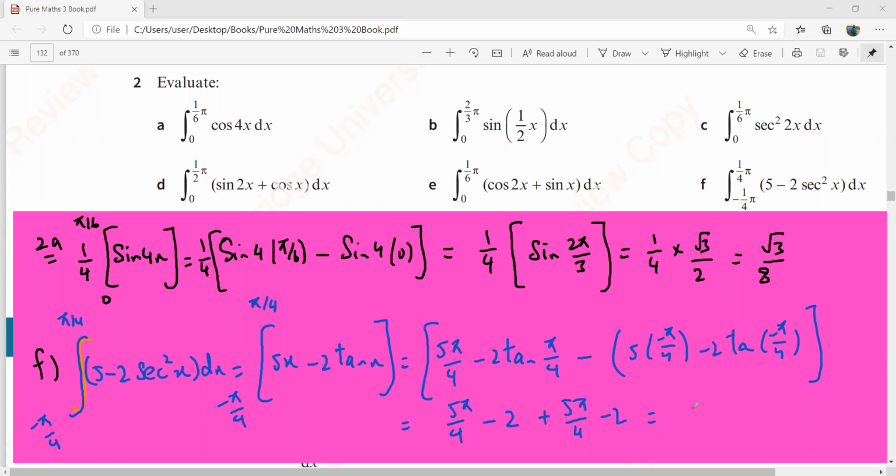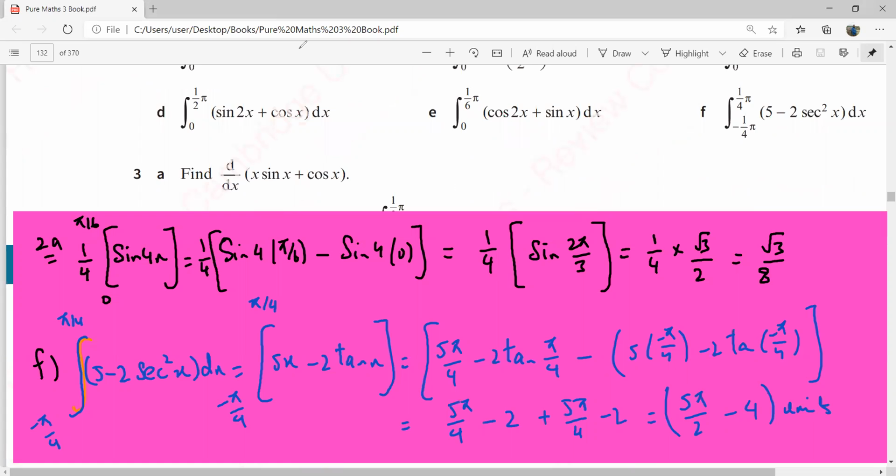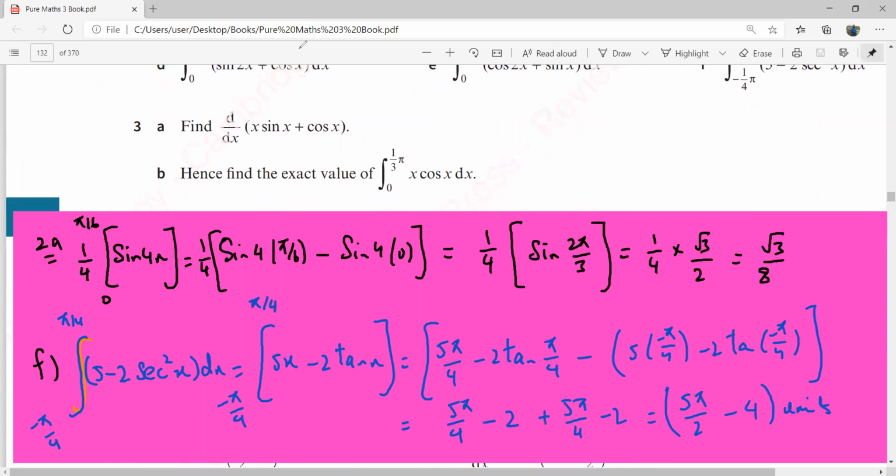So you have 5 pi by 2 minus 4, and you can write units with this. That is how you integrate and then apply the limits. Would you like me to try question number 3?